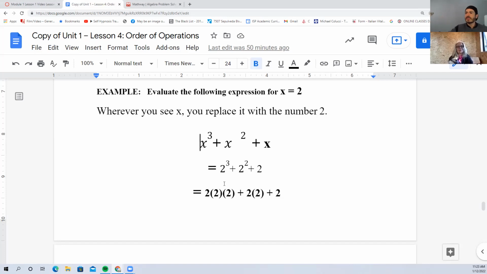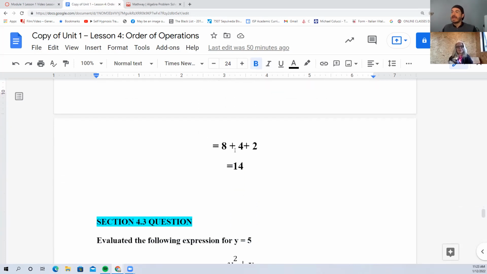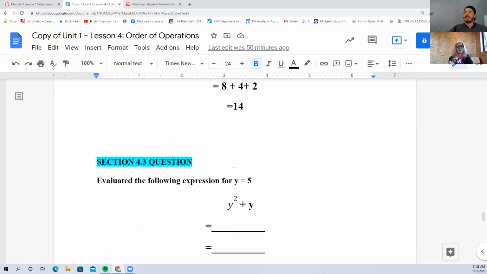Here we have 2 times 2 times 2 plus 2 times 2 plus 2. Whole lot of 2s. But that's the idea of evaluating an expression, substituting it in. That's 2 times 2 times 2 plus 2 times 2 plus 2, and they came up with 14.